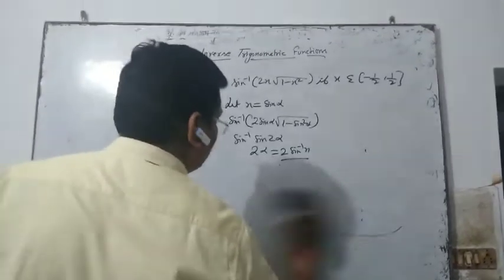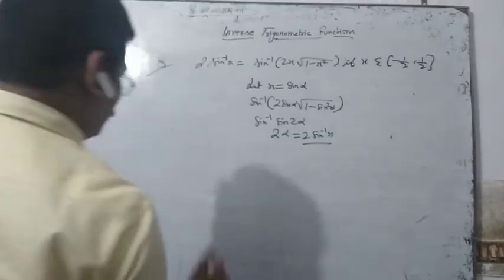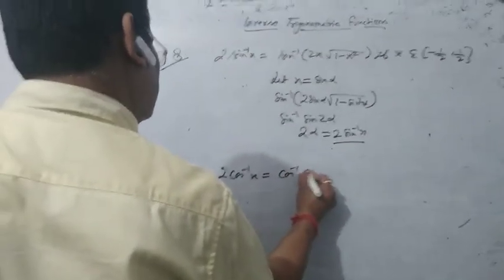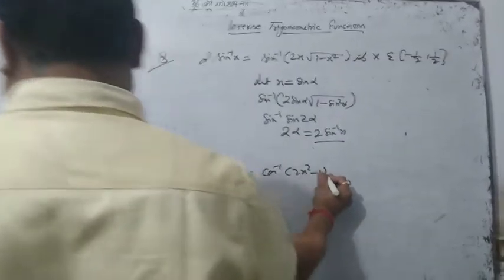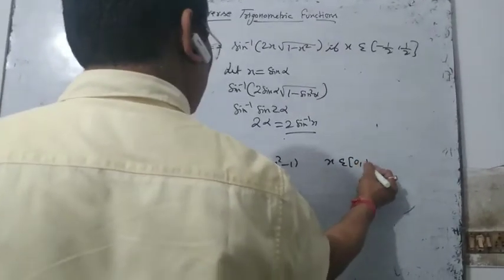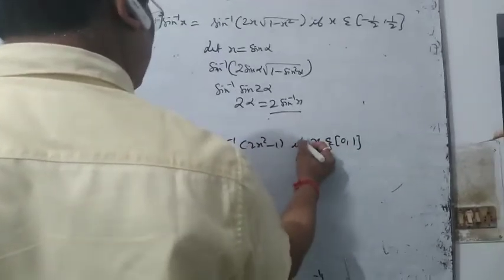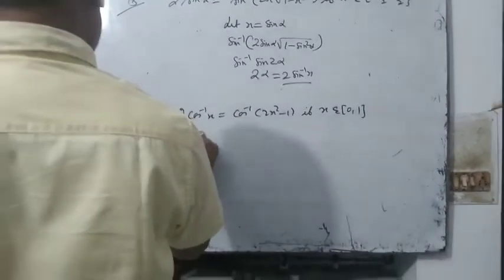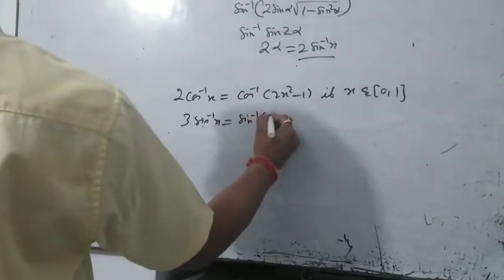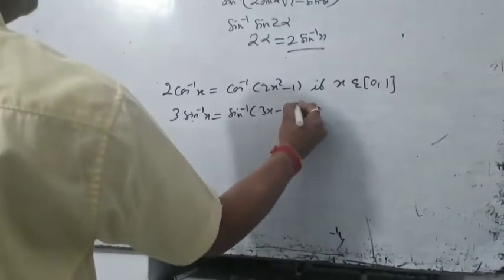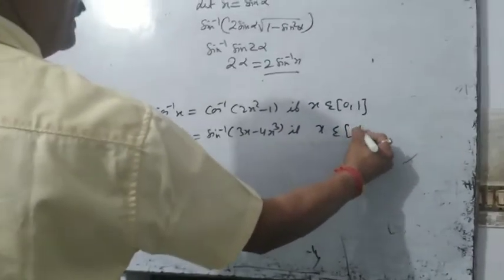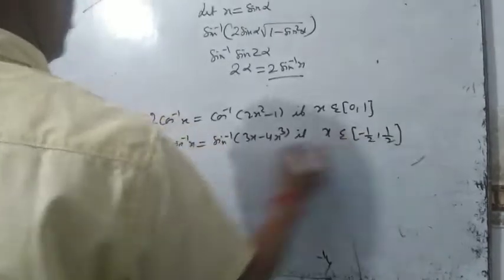Next, 2, 3 formulas are similar. 2 cos inverse x is equal to cos inverse of (2x square minus 1), where x is an element of 0, 1. Next one is 3 sine inverse x, sine inverse of (3x minus 4x cube), if x is an element of minus 1 by 2 comma 1 by 2.